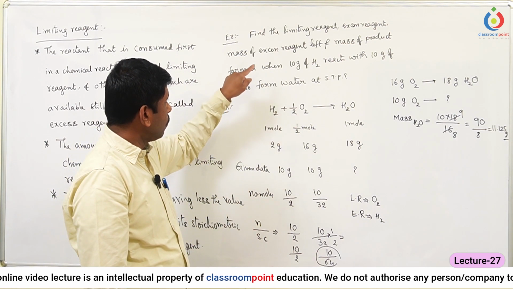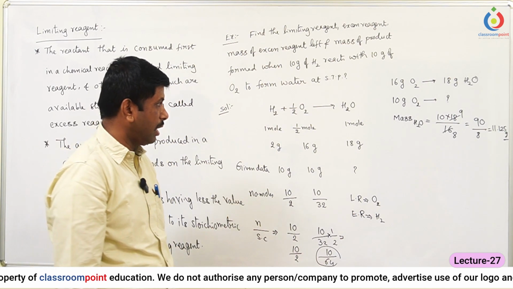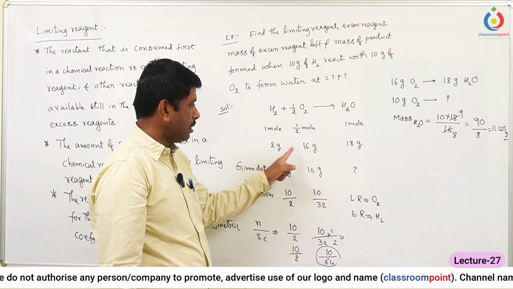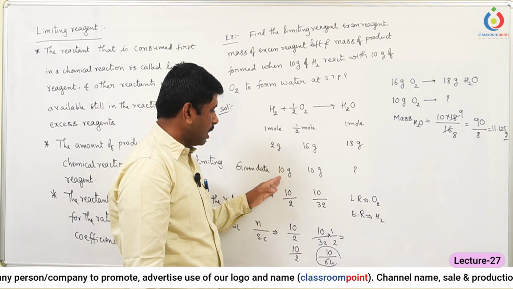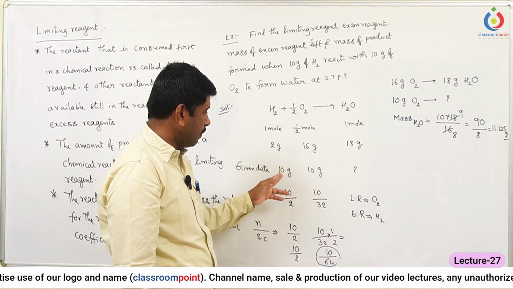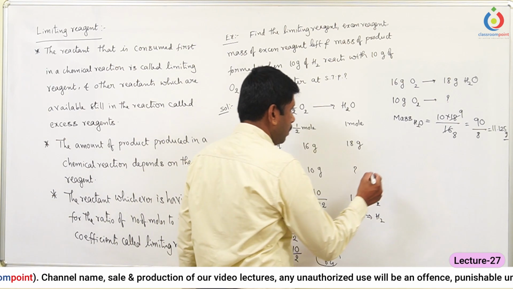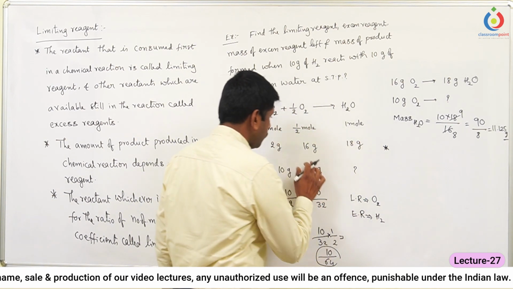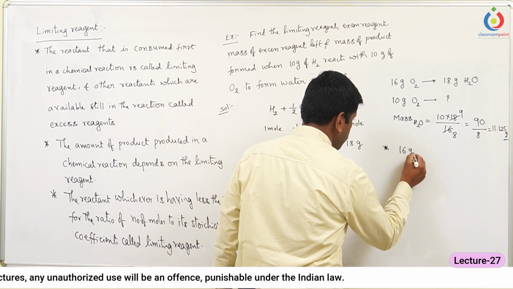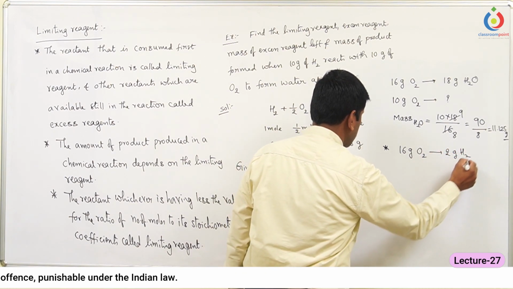Now we have to find out one more thing, that is the mass of excess reagent left in this particular reaction. See, actually here 2 grams needs 16 grams, then 10 grams needs more, but available is less. Now we have to find out how much of the H2 reacted with this 10 grams. So now see, 16 grams of oxygen can react with 2 grams of hydrogen.